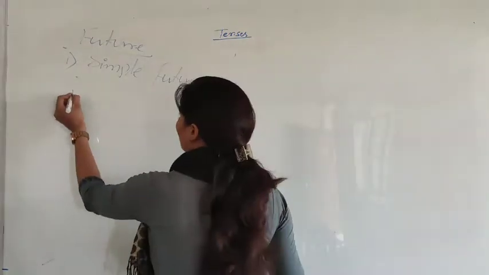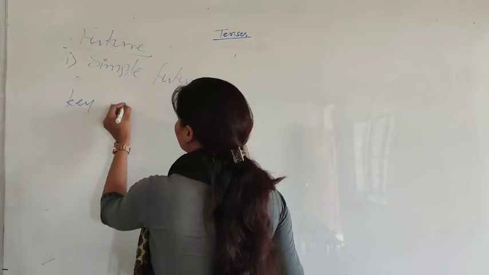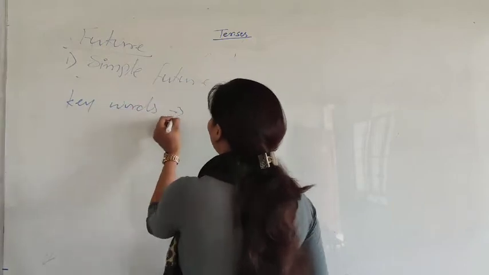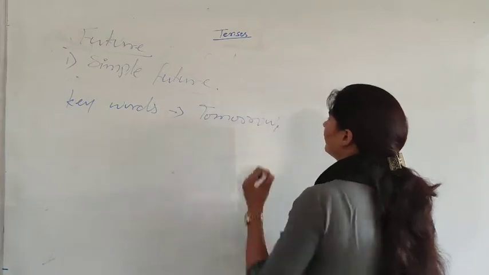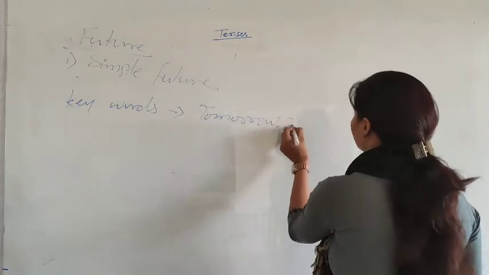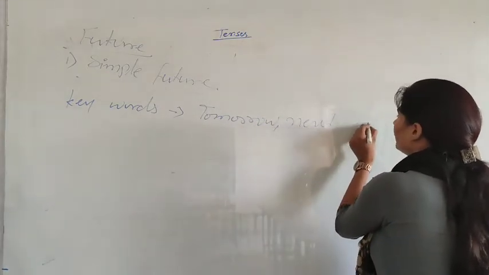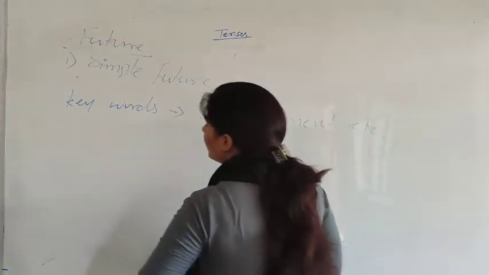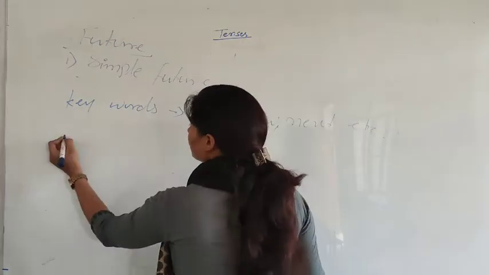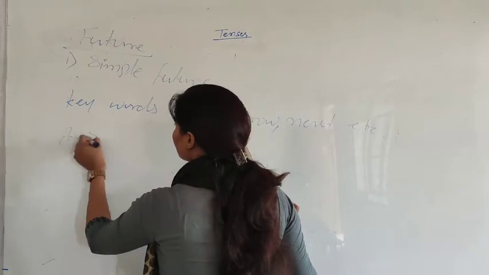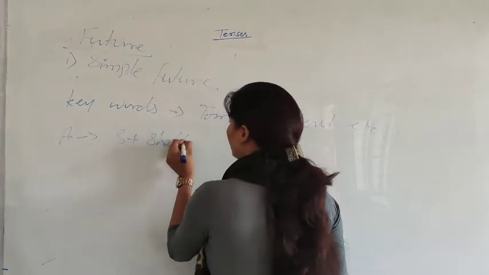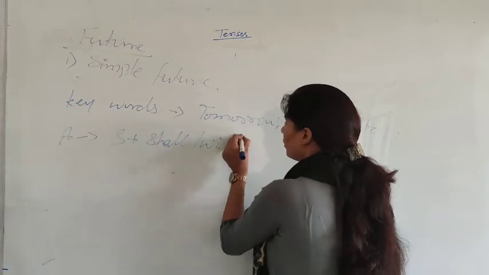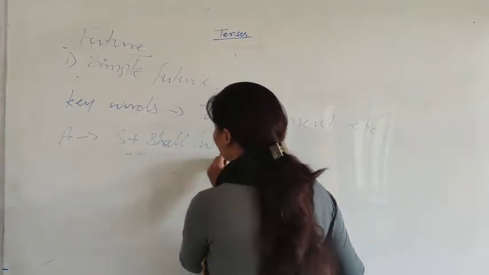The key words are like tomorrow, next, etc. Okay, now see the structure of simple future. First is the assertive sentence, that is subject plus shall/will. Shall and will are the helping verbs over here.